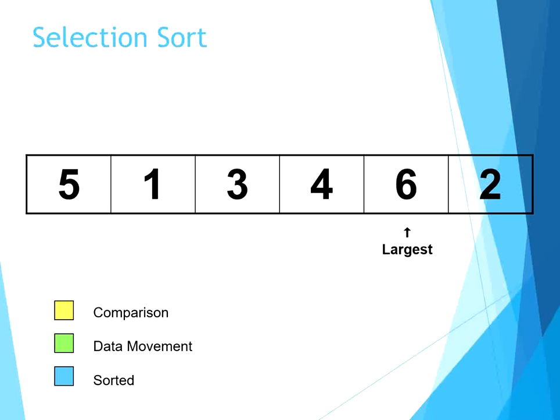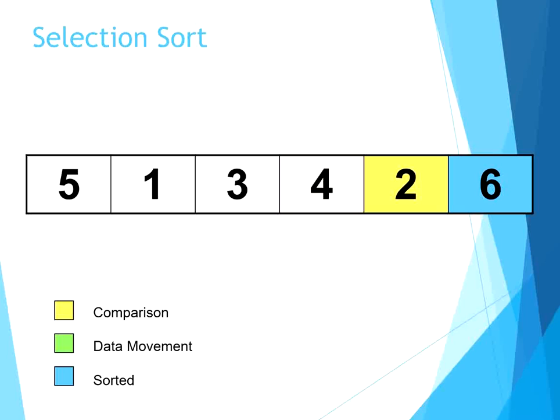So we will replace it with the rightmost element, because we want to sort in a way that the maximum value is at the right. So 6 is sorted because we have already found the maximum value. In the previous example we focused on the minimum value, so here we start from the max.